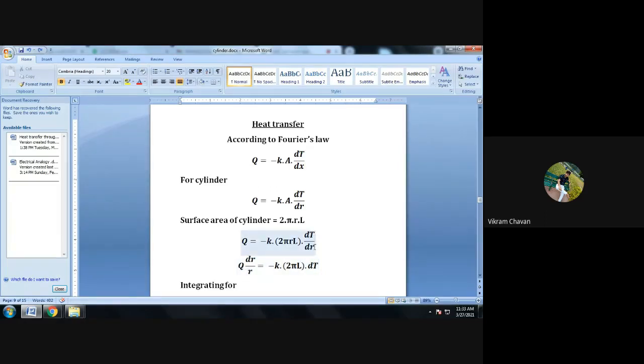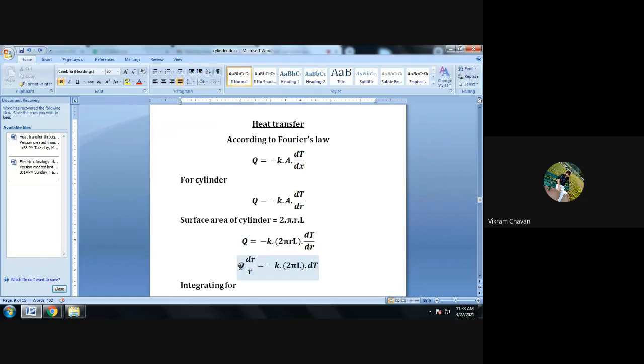Once dr is shifted, it will be multiplied with Q, and r will be divided into dr. So we will get the equation as Q multiplied by dr divided by r is equal to minus K multiplied by 2 pi l multiplied by dT.